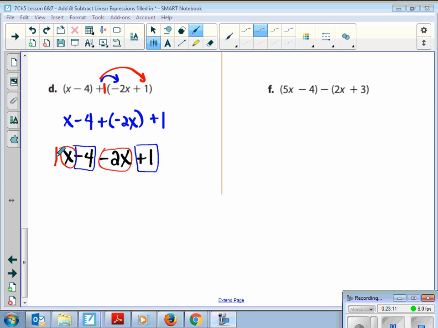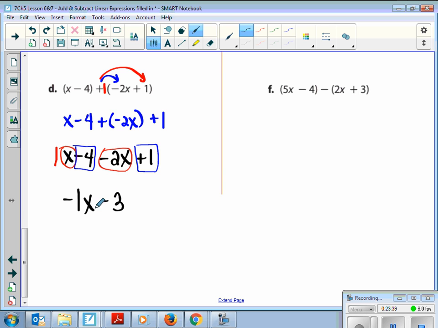All right, so here we have 1x minus 2x. So 1 minus 2 is a negative 1. So this is going to be a negative 1x. Is everybody with me? And then we have negative 4 plus 1, which is a negative 3.